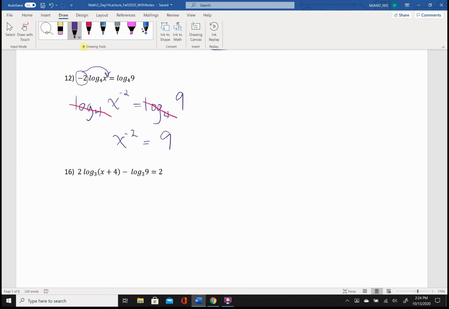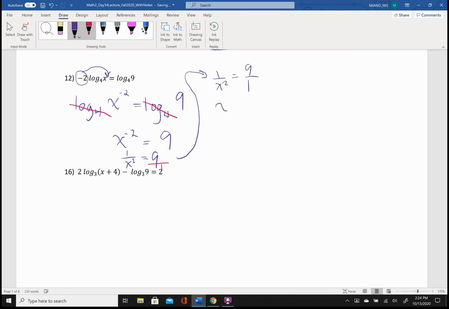This negative exponent, in needing to be evaluated, puts that x squared in the denominator space. Now, if we want to bring that x squared up to the numerator space, we would have to flip over both sides, which we can do. We can have this 9 be over a 1. So it's 1 over x squared is equal to 9 over 1.